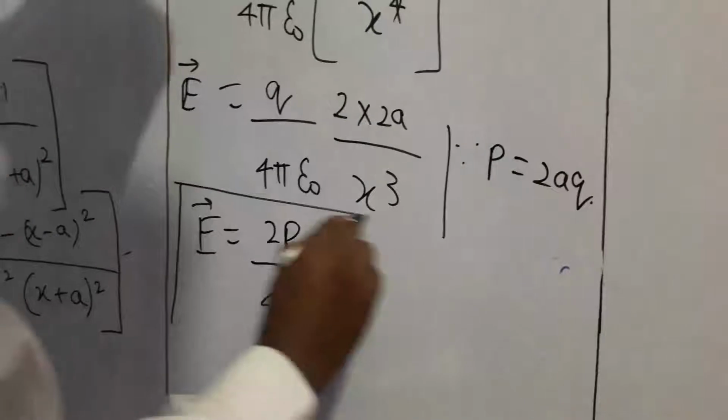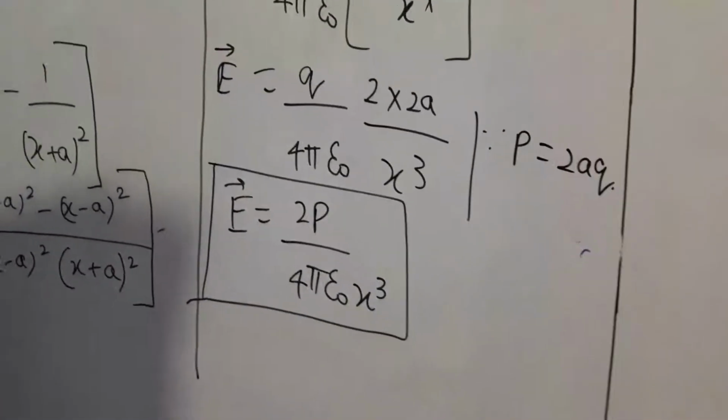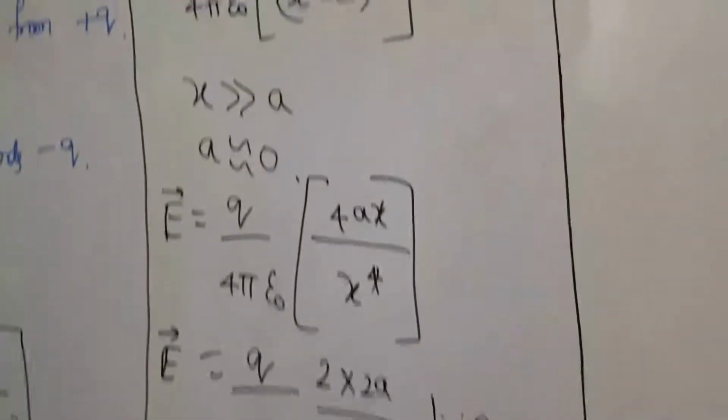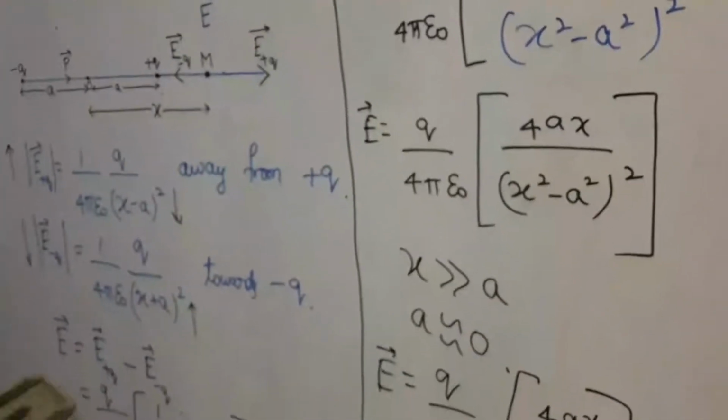This is the expression for electric field or electric intensity at a point on the axial line of the electric dipole. E is equal to 2p by 4 pi epsilon naught x cube. This is a magnitude term, because already we have taken all the magnitude terms. If you write the vector form, what will you get?